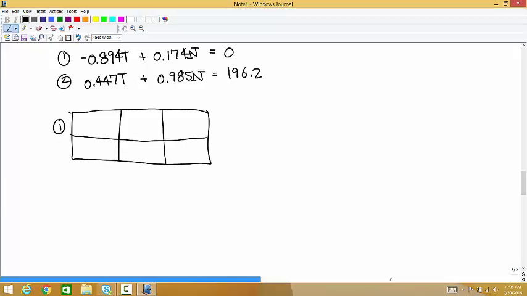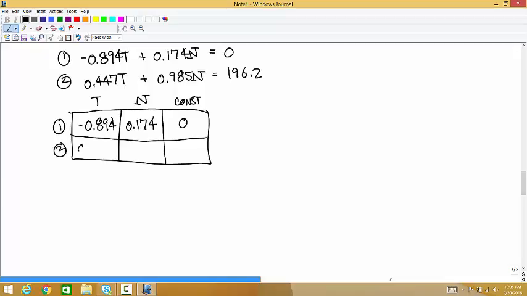So here's equation 1, equation 2. I'll choose the order T, N, and then the constants. The first equation says for T's we have negative 0.894, N's we have 0.174, constant 0.